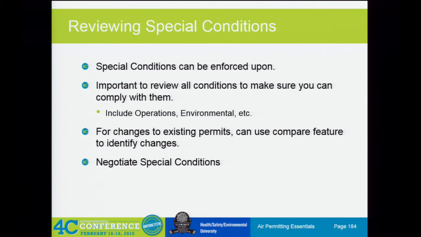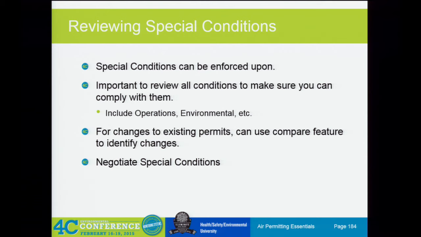And they came up to me and said, well, why are we going to have to do this periodic monitoring? We already have a continuous monitor on this control device. Can't we just do the continuous monitoring and get out of it? So we negotiated with the agency to change the conditions to match what they were actually doing and how they're actually monitoring to make sure that the control device is working. So they went above what the state was requiring, but it meant that they had to do less work in the long run. They didn't have to do the monthly sampling.